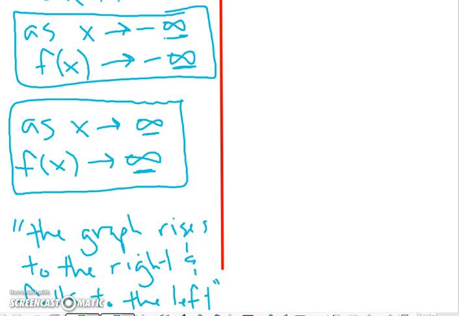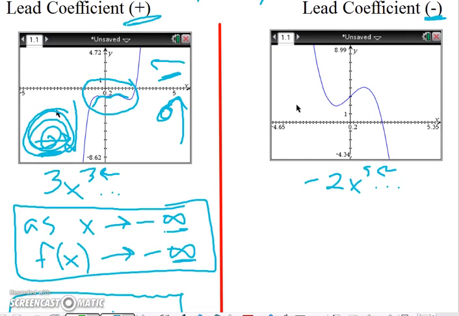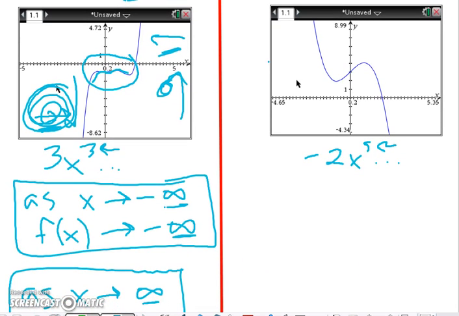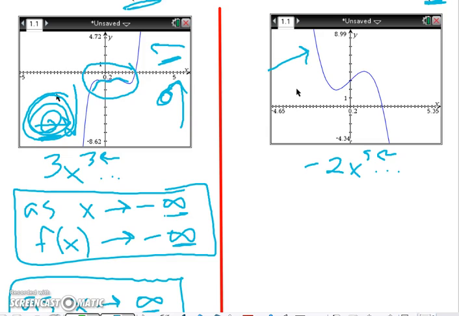And we can see that as our graph moves left, on the left-hand side of the graph, our graph is falling, and on the right side of the graph, our graph is rising. Now, a similar situation, but this time for a negative lead coefficient, so negative 2x to the fifth. Again, what happens on the left? This time, on the left, our graph is increasing to infinity.